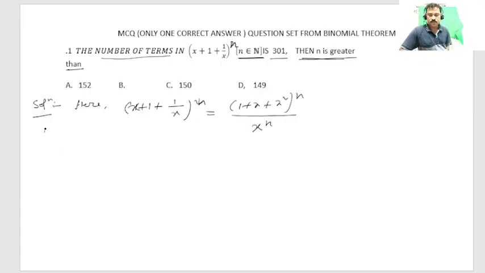Now we have (1 + x square) whole to the power n.